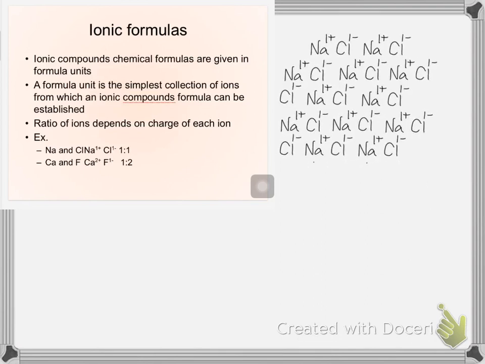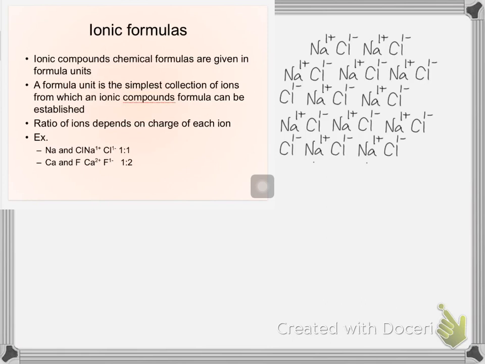So when I borrow that whole thing, when I look at that whole big chunk, can I count the number of sodiums in here? Can I count the number of chlorides in here? No. All I can do is establish a ratio based on their charges. That's all I can do, because I can't count.